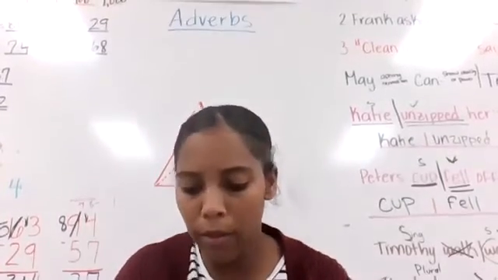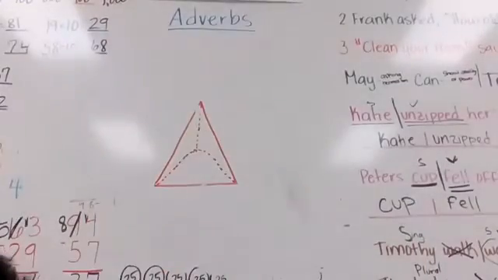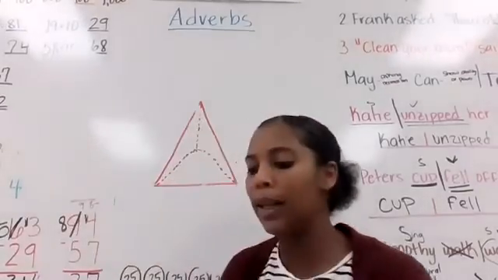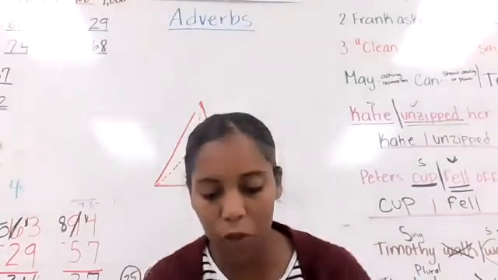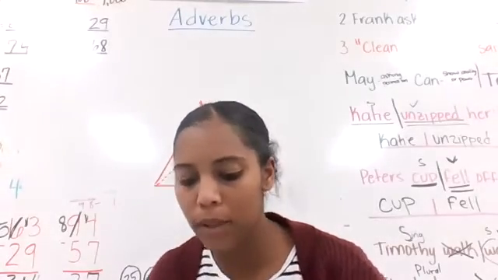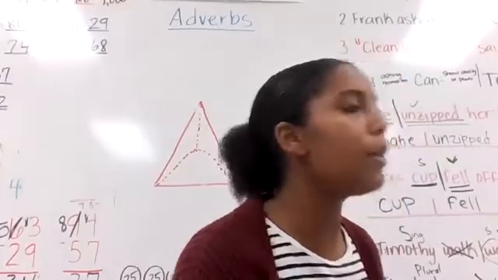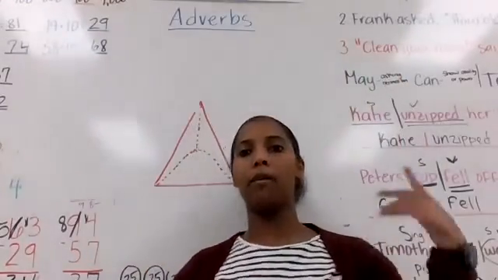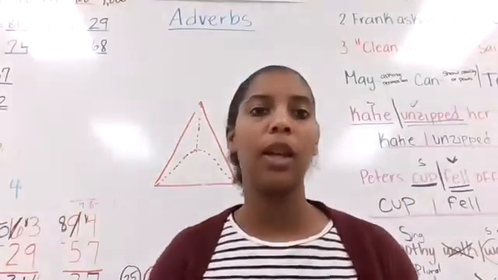All right, so we are moving on to what's called adverbs, okay? They sound similar to adjectives, but it's easier to remember adverbs because the definition deals with verbs. We know nouns. A noun is the name of a person, place, thing, or idea.